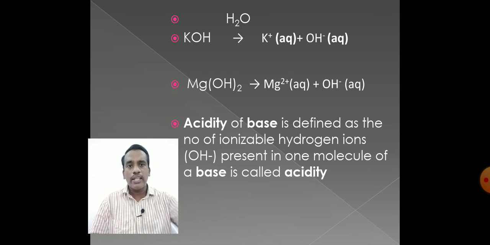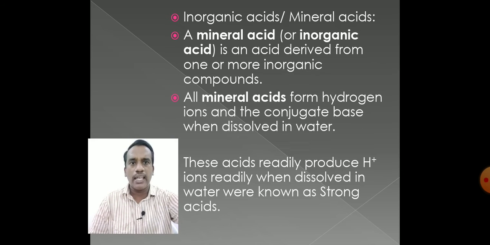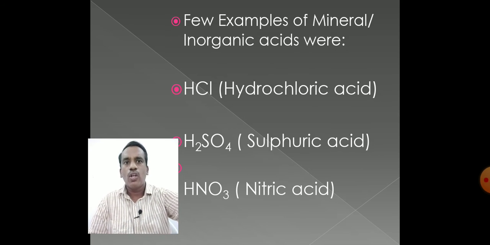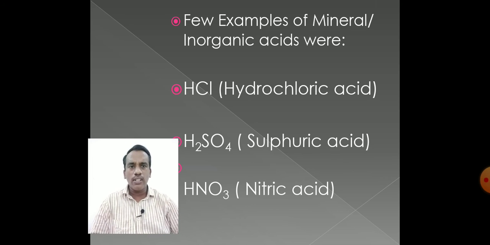Now let us come back to our acids topic that we had started. Our acids include the mineral acids. They are strong acids, as we mentioned. The mineral acids are the strong acids that give H plus ions. We had learnt about all these acids, so I skipped the slide: HCl, H2SO4, HNO3.